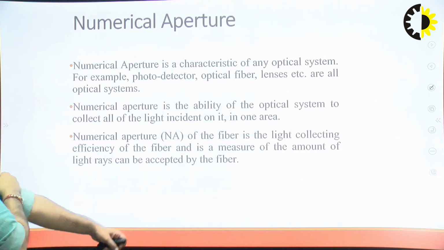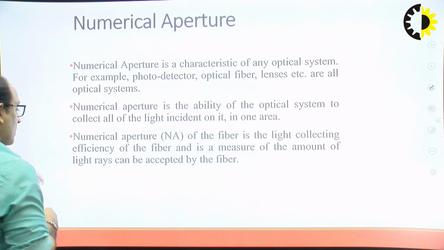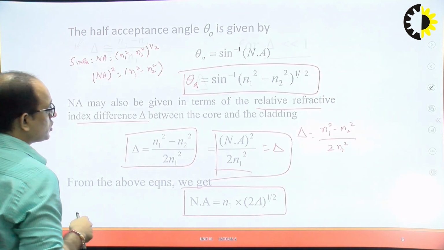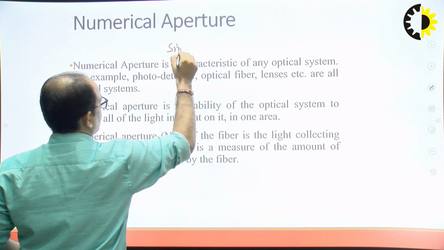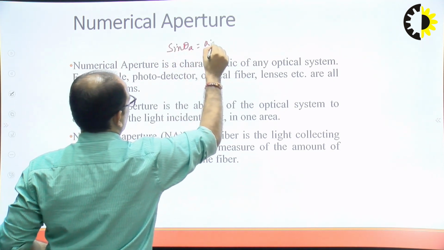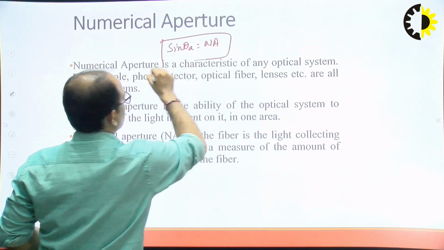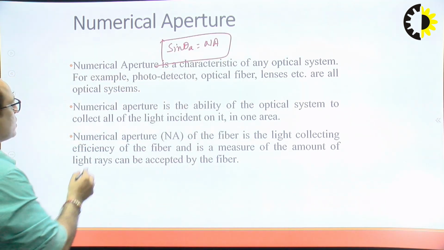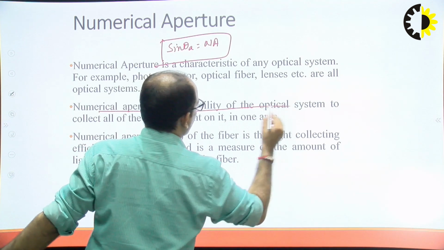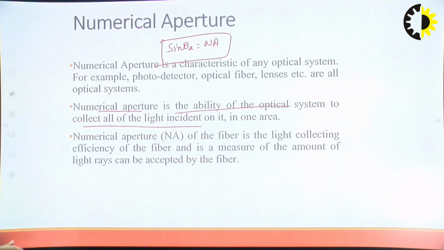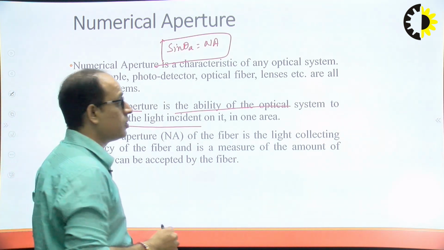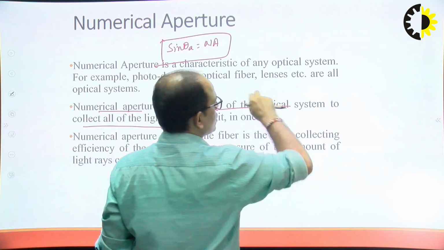In terms of numerical aperture, as we know, sin theta a is equal to numerical aperture, and this numerical aperture defines the ability of the optical system to collect all the light incident on it in one area. It is the ability of the optical fiber to collect most of the light energy.